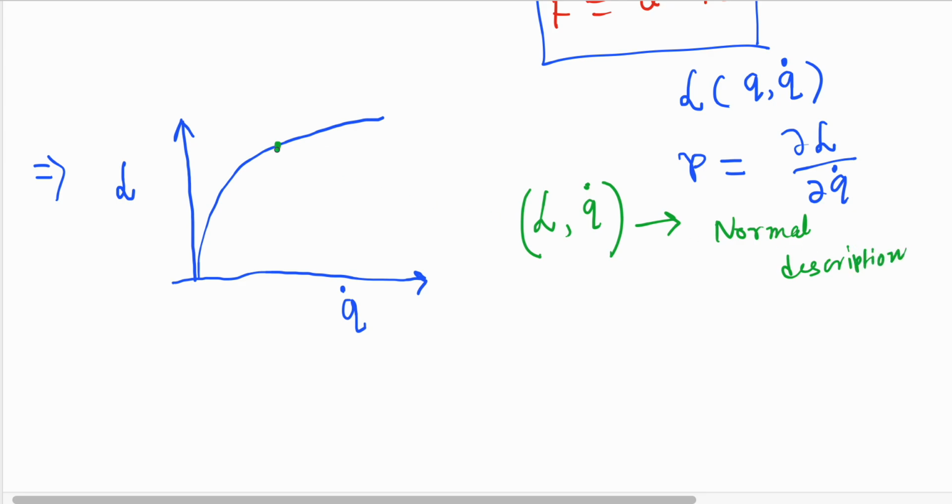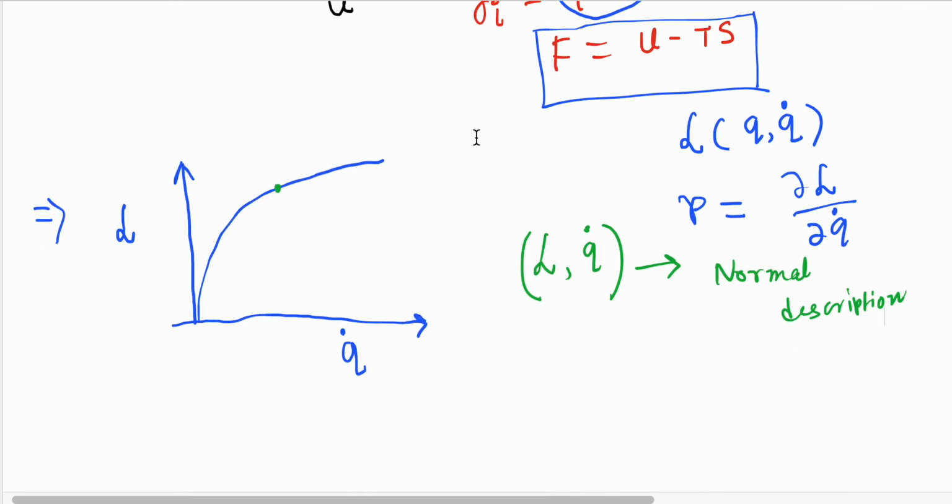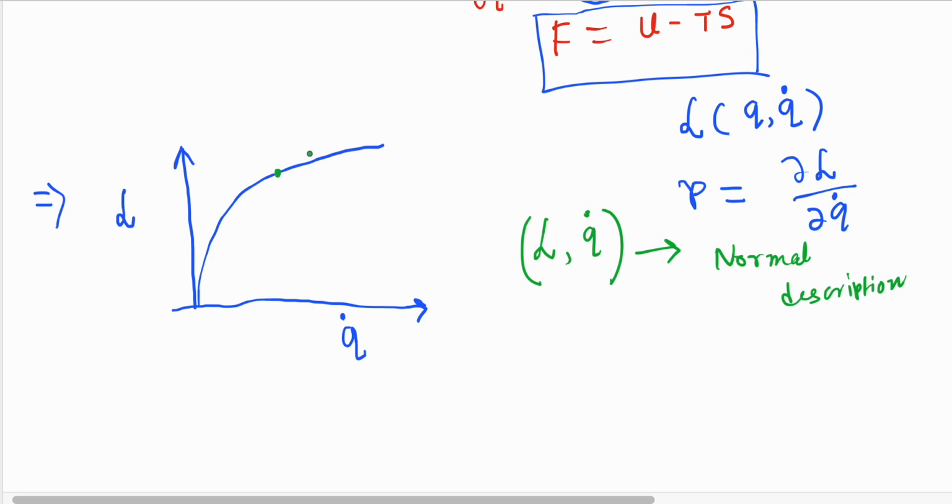So what will be its Legendre transform description? As we know, the Legendre transform means we have to know the inclination, that means del L del q dot, which is p. And the intercept, let us calculate that intercept here.